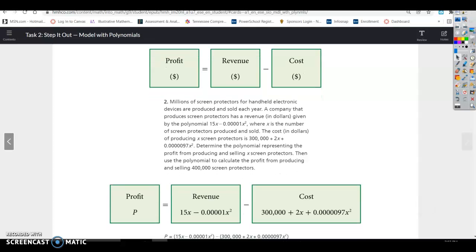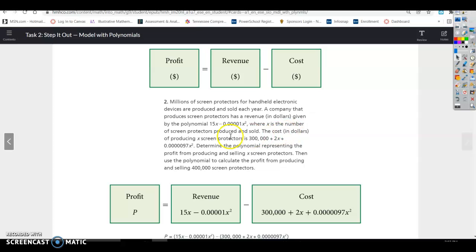All right, so millions of screen protectors for handheld electronic devices are produced and sold each year. A company that produces screen protectors has a revenue in dollars given by the polynomial 15x minus 0.00001x squared, where x is the number of screen protectors produced and sold.